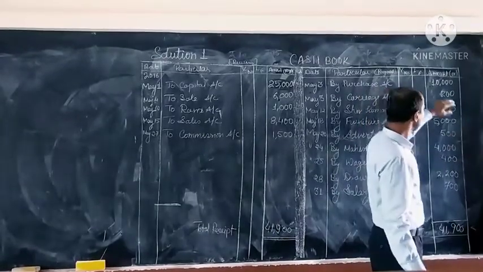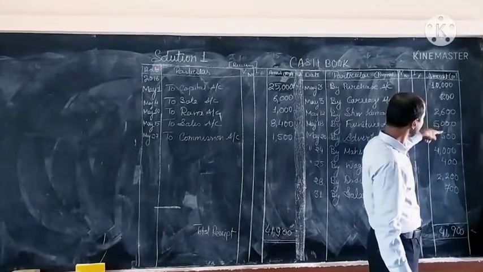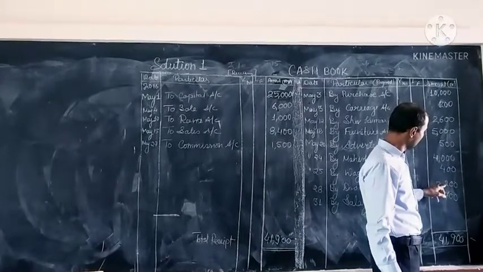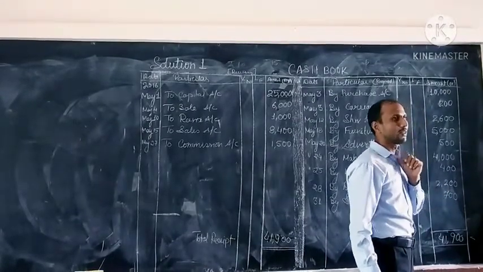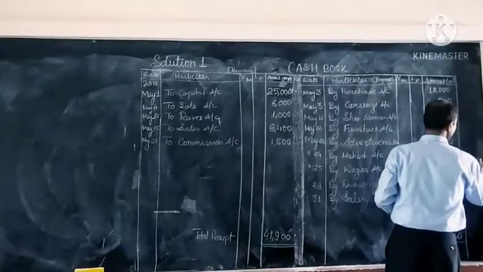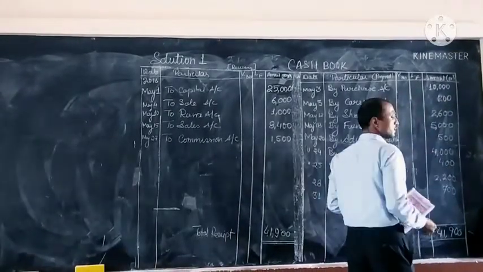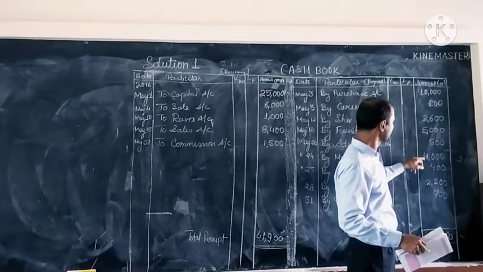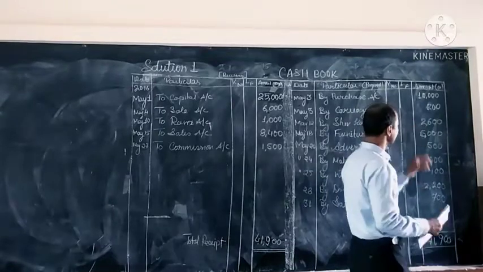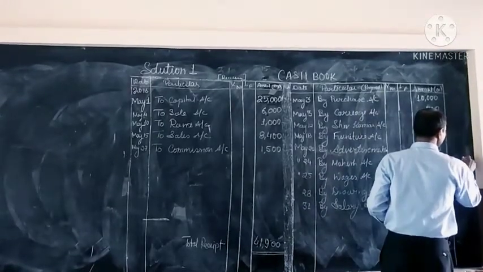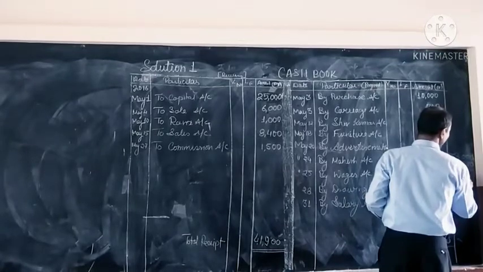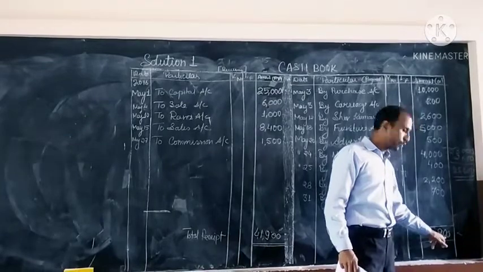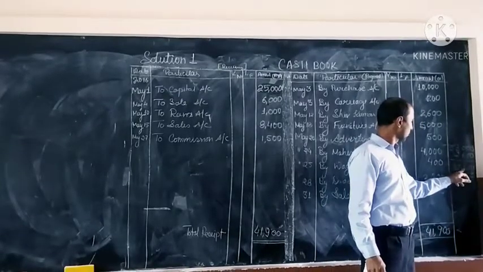Then after that we have 26,600, and earlier it was 23,000. So the total we are having is 25,600. Now you see, you were having 41,900 rupees and you have already paid 25,600 rupees.